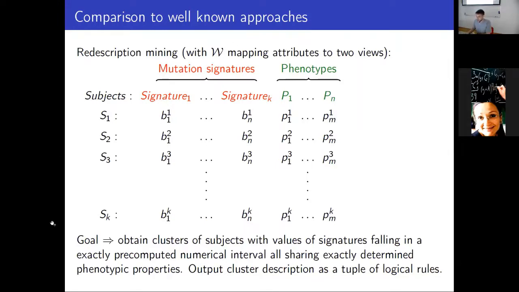I will go into the details of what the queries are and how we build them. So we get the groups and we also get some kind of description. This is harder, and it is more information than we get from clustering. It is also different from conceptual clustering, because it can take into account more than one set of attributes, and it can take into account a richer query language.